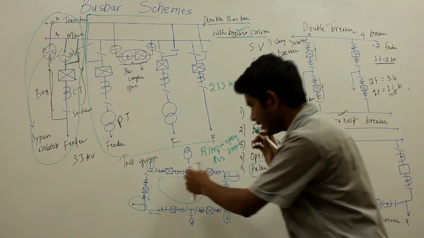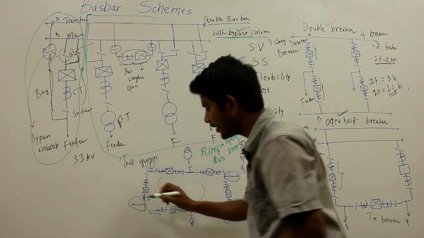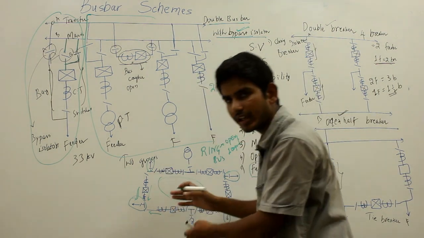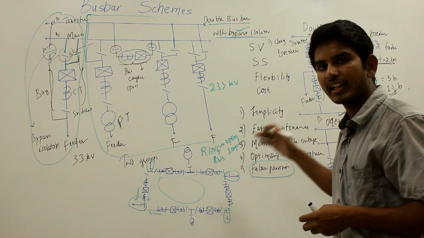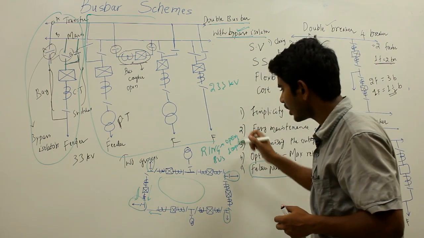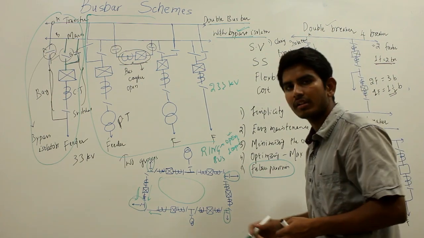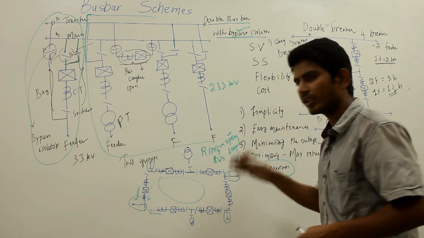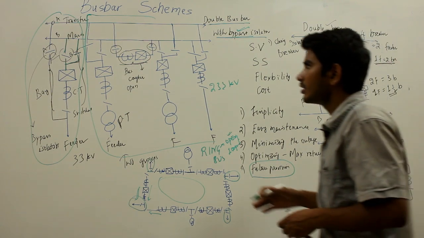So if any breaker is under maintenance, you are still able to feed your feeder circuits, as each feeder circuit is fed from two connections. But once it becomes an open loop, the reliability of the system goes poor, and at that moment of open loop, if any of the breakers is tripped, then all of the feeder circuits from the tripped breaker to the open loop are interrupted. So this is all about the busbar schemes used in power systems.